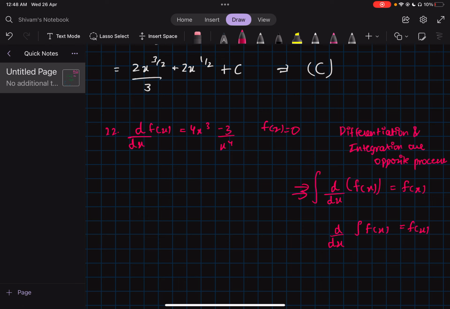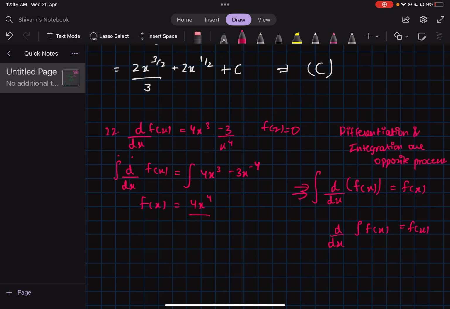So we're going to integrate both sides. So what we're going to do is integrate the left and integrate the right. I'm just going to write it as 3x to the negative fourth power. Right, so when integrating, you know that this and this essentially just cancel out and you just get f of x. So f of x is equal to the integral of this. So you're going to use the power rule.